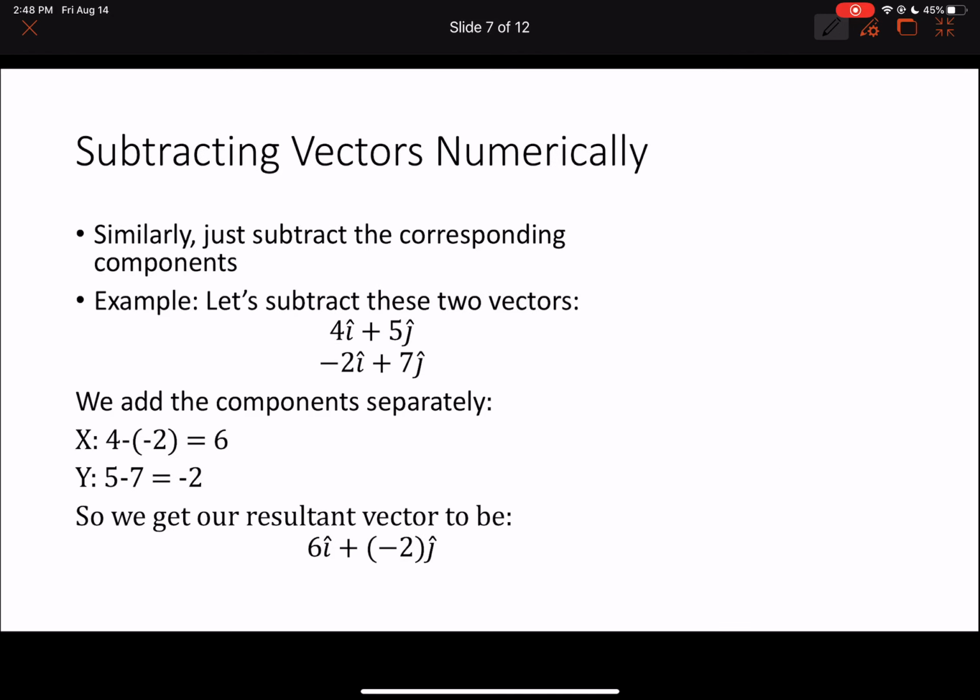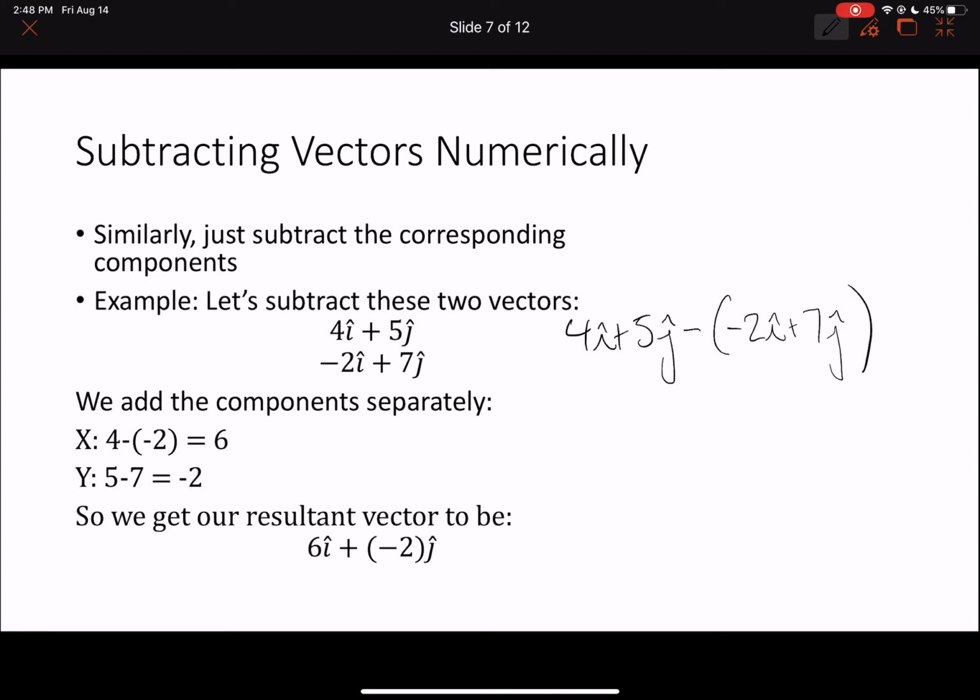Subtracting vectors is just the same. We have 4i hat plus 5j hat. And if we subtract them, just like if we subtract a group of terms, we need to subtract them with parentheses, like that. So we're subtracting these two vectors.